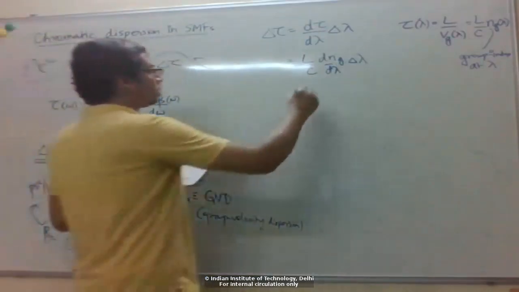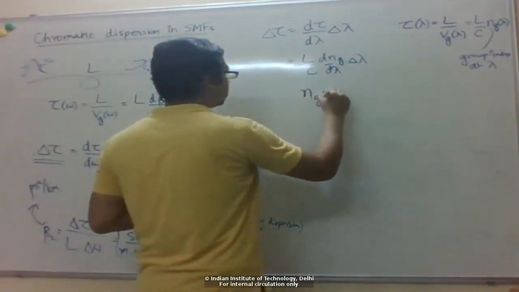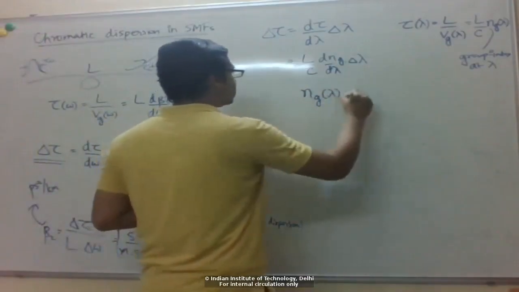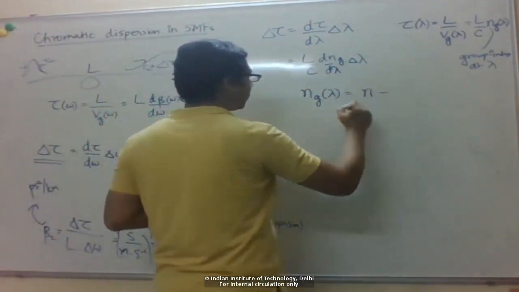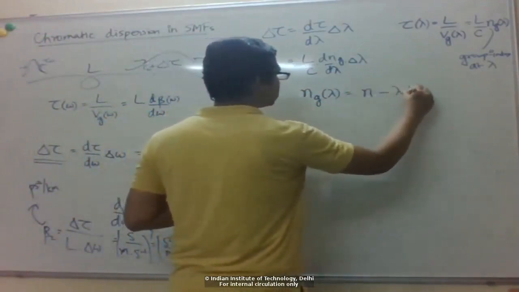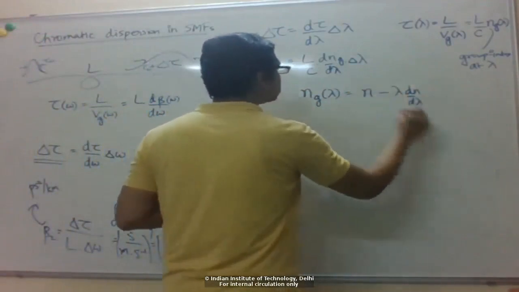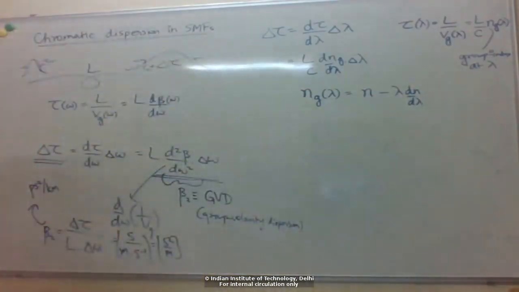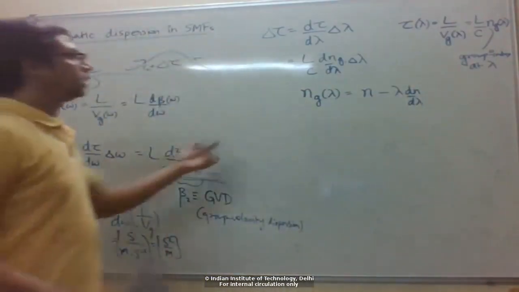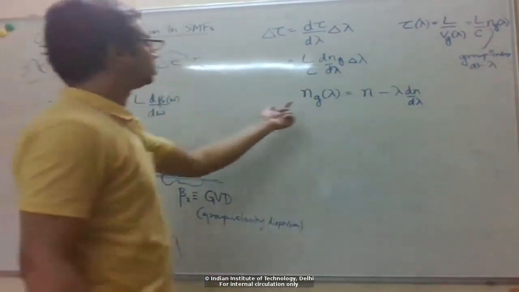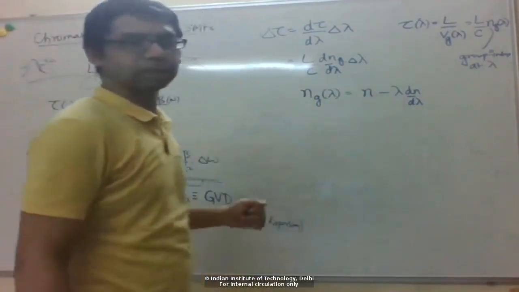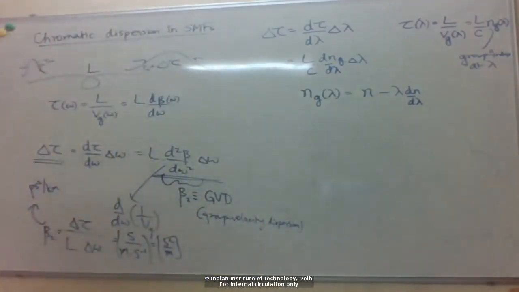Okay, and now recall that the group index in terms of the phase index, like the usual refractive index, can be written like this. You should know this from your basic optics course.